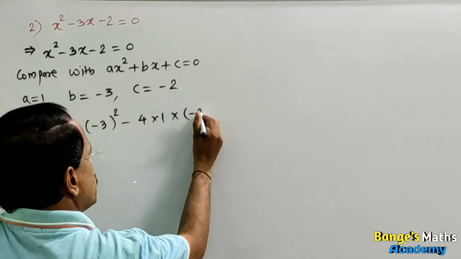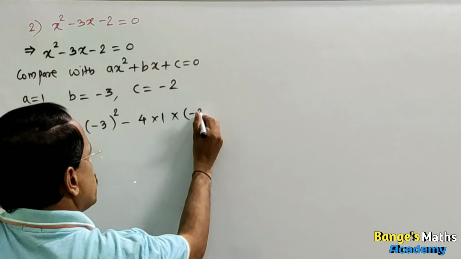Then by using formula, variable is m, so m is equal to minus b plus or minus square root of b square minus 4ac upon 2a. Put value in this formula: minus value of b, minus 4, plus or minus square root of value of b square minus 4ac, 56, upon 2a, 2 into value of a is 5.